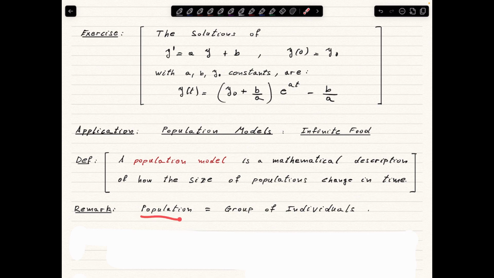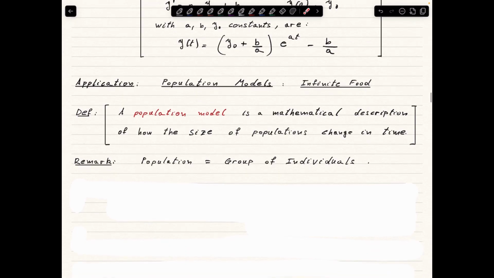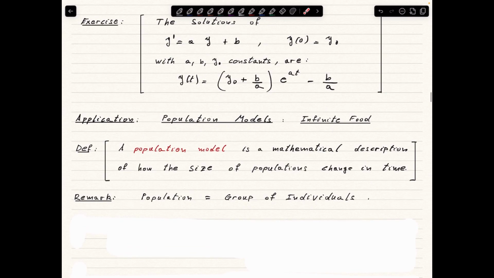So we want to know how the size of the population changes in time according with some hypothesis. And we want a mathematical model for that. And the first model we are going to study is when a population has infinite food, or what is better, infinite resources to grow.